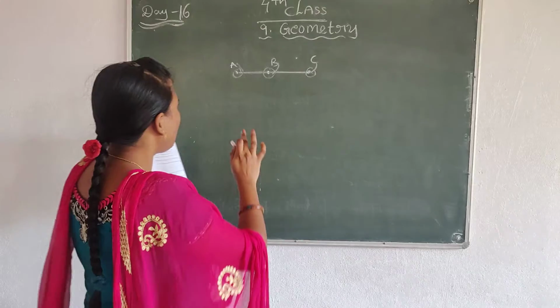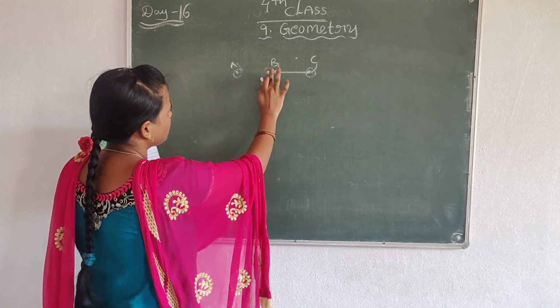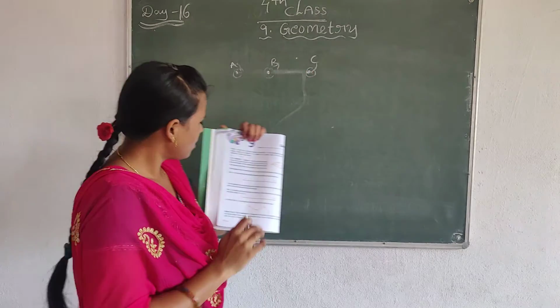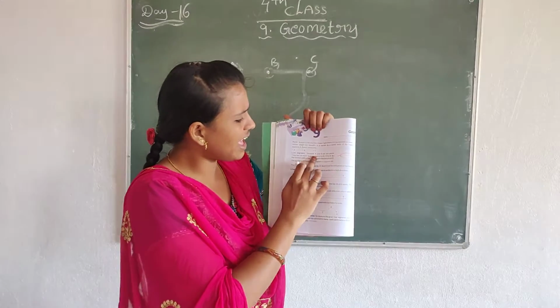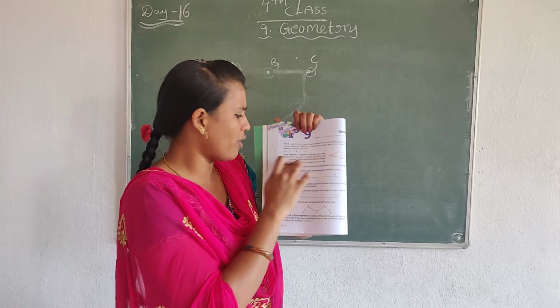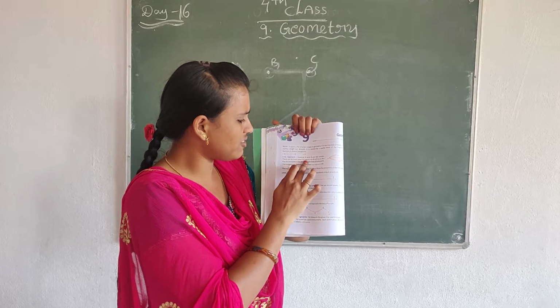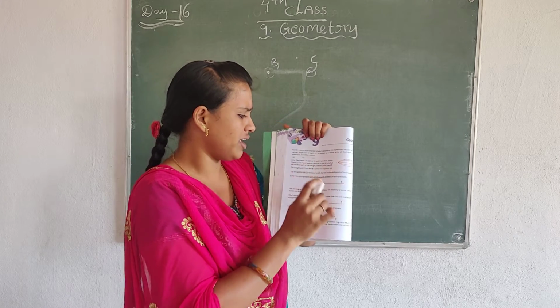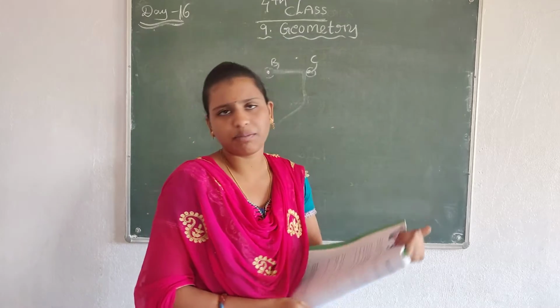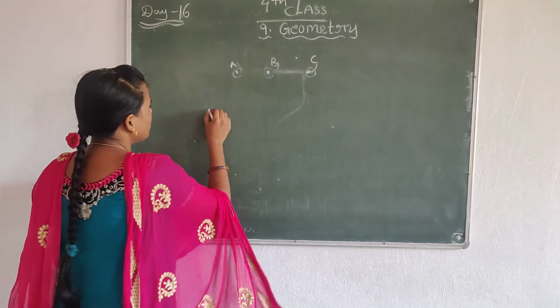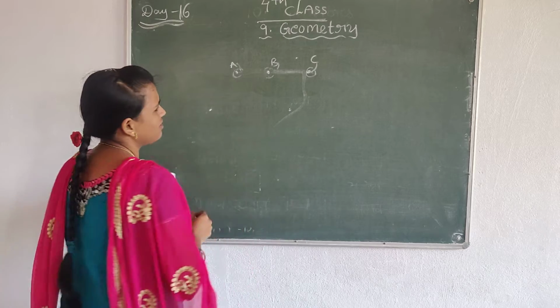Let's see line segment. Suppose A and B are two points. There can be many ways to reach A to B or B to A. Suppose you take A and B points.